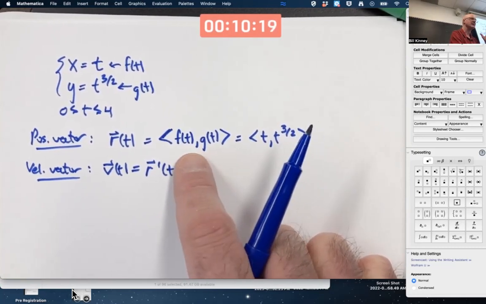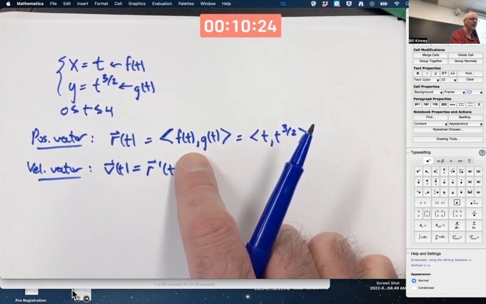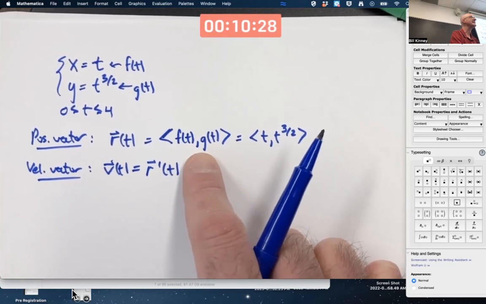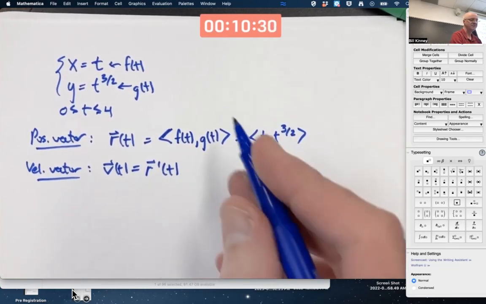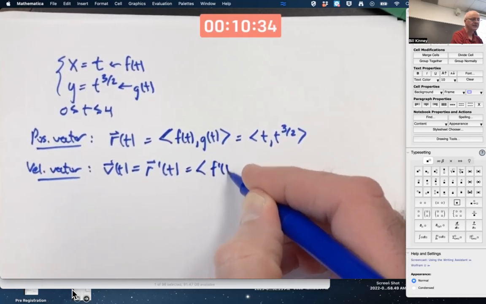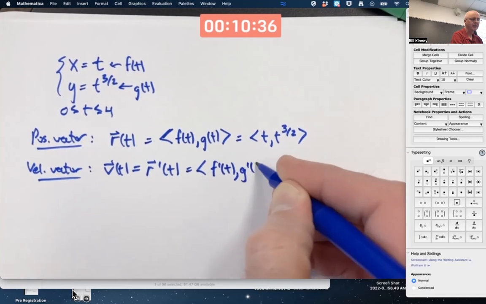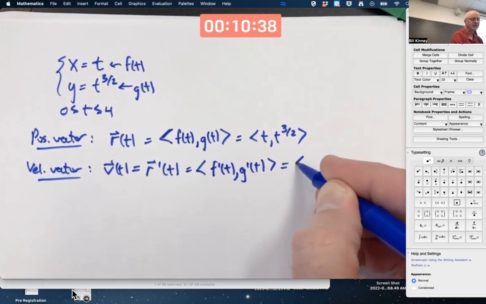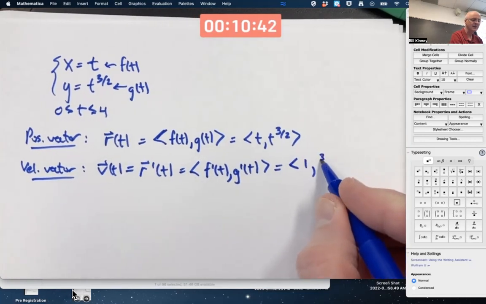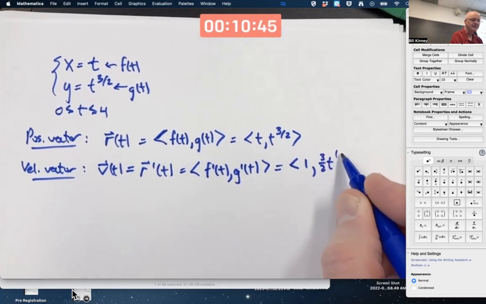There's really 3 words, well, 2 words, one pronounced 2 different ways, representing these things in the vector, the f of t and g of t. You get a new vector whose components are f prime of t, comma g prime of t. In this example, the first component of that is constant 1, but the second component is still a function of t, 3/2 t to the 1/2.